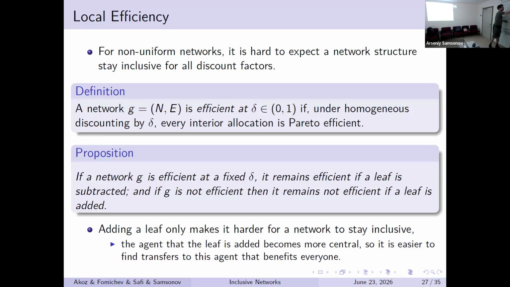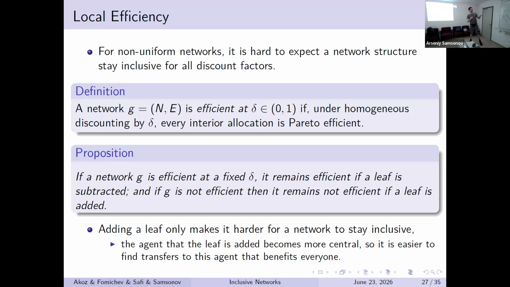If we add a leaf to a graph that was not uniformly efficient, it does not become uniformly efficient. So if we add a leaf, it's harder to sustain efficiency of interior allocations. What does adding a leaf mean? I only add one edge? Yes, you add one vertex and one edge like this. Okay.